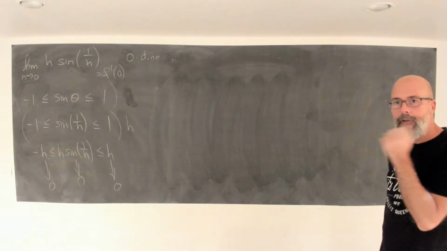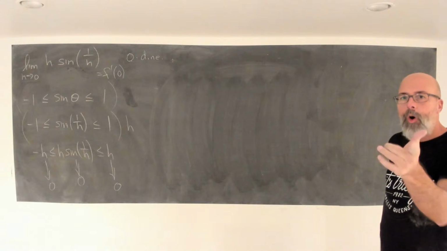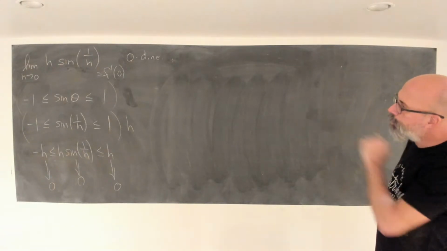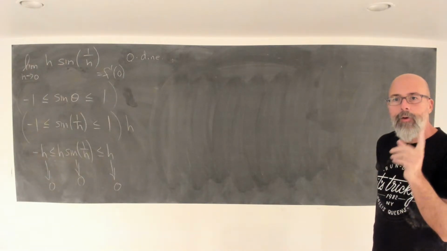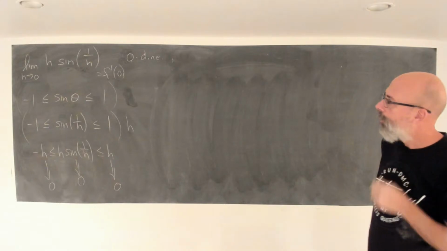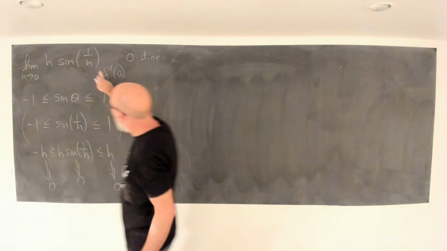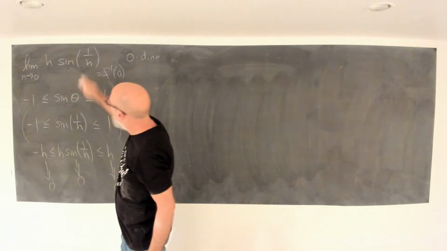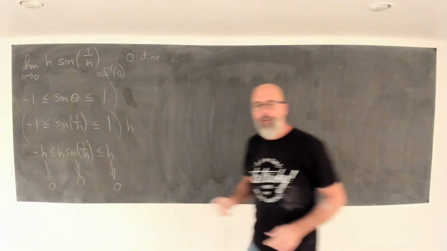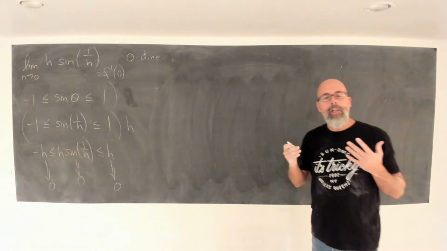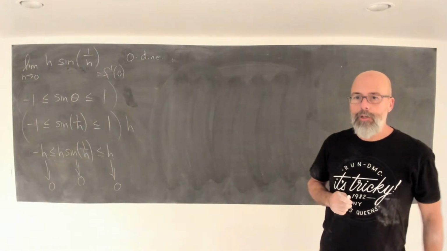The other case, what is not continuous? It's not the function that's not continuous, but rather the derivative. Here, this is not the limit of the derivative. It's the limit definition of the derivative.